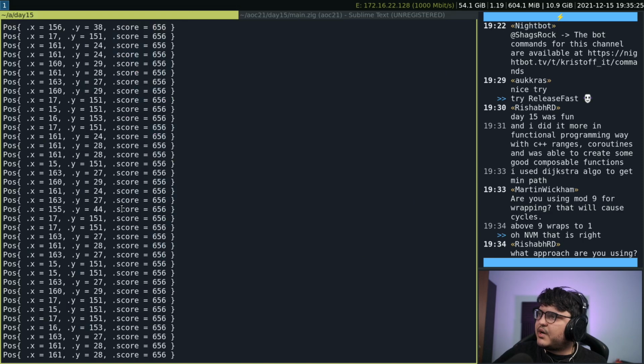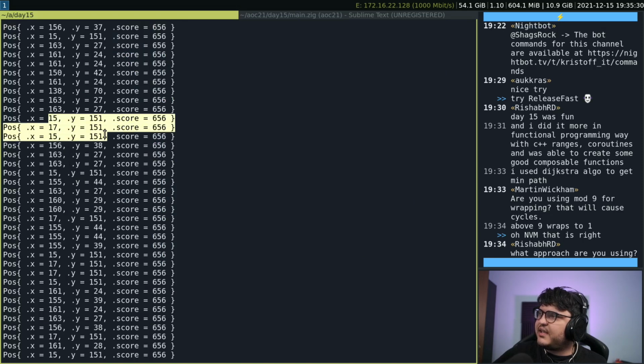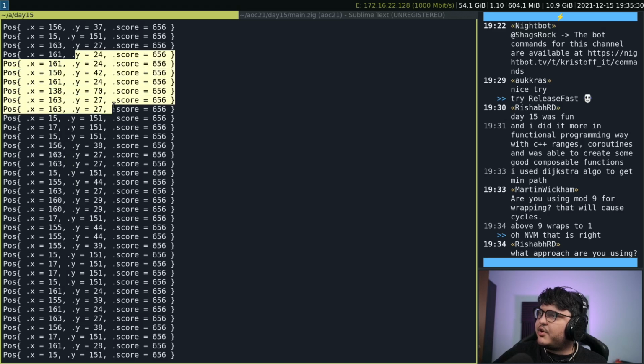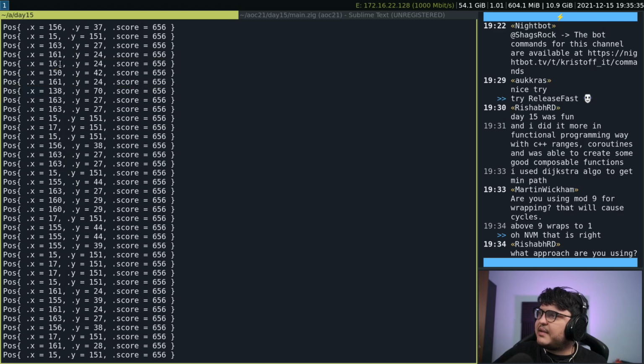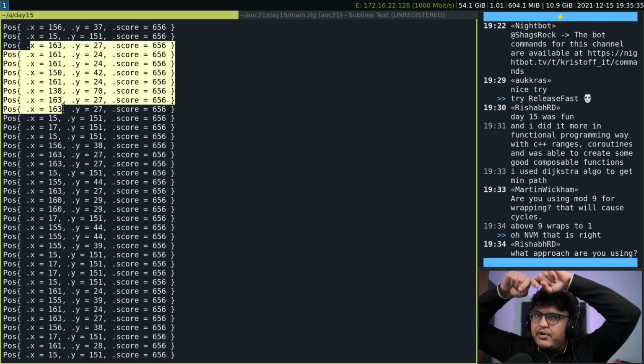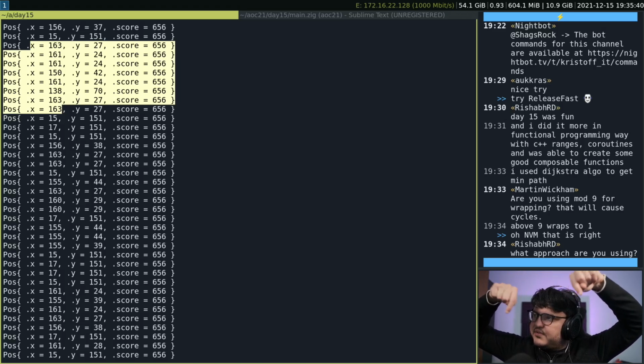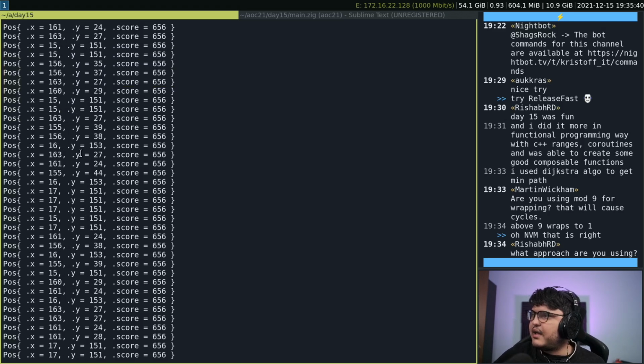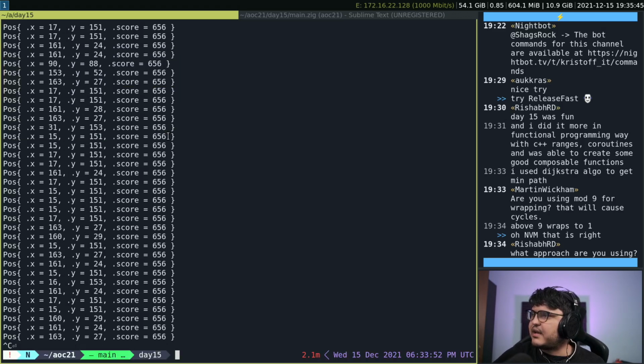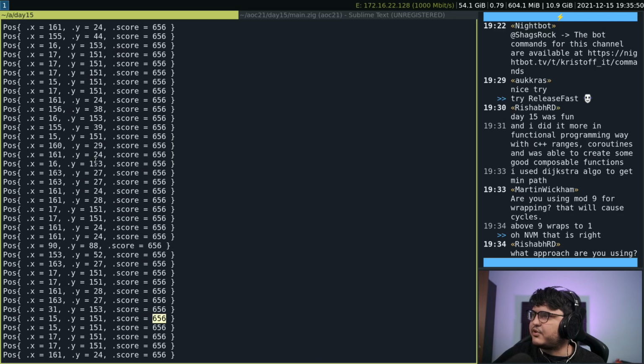It was getting stuck in the same place along the two symmetrical sides, scanning a bunch of things at 656, not improving.